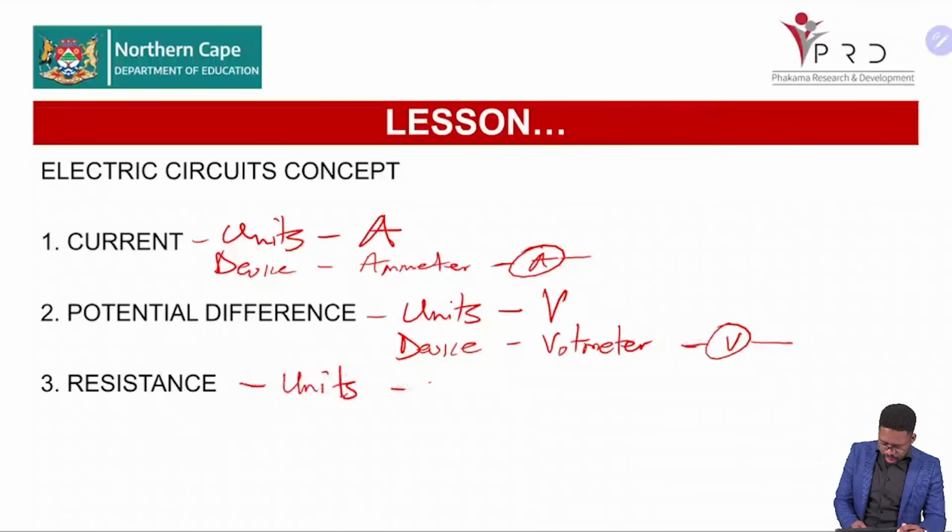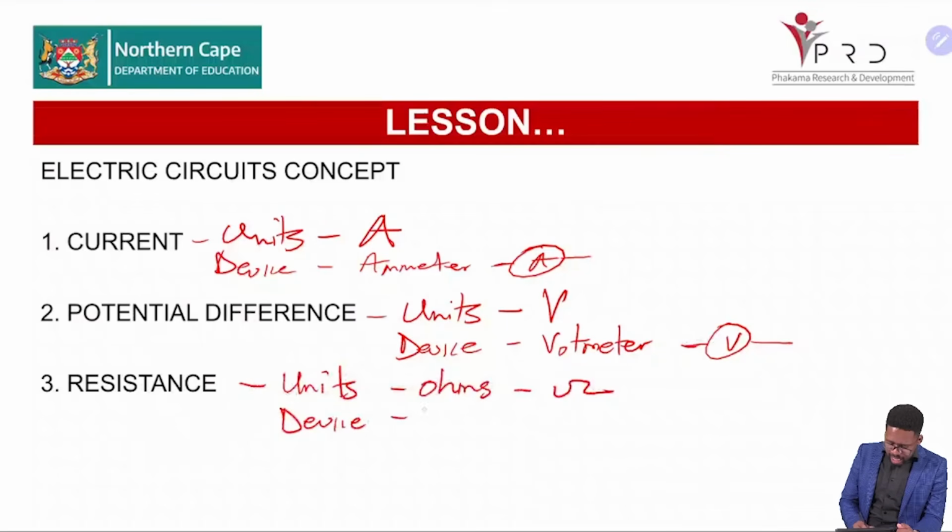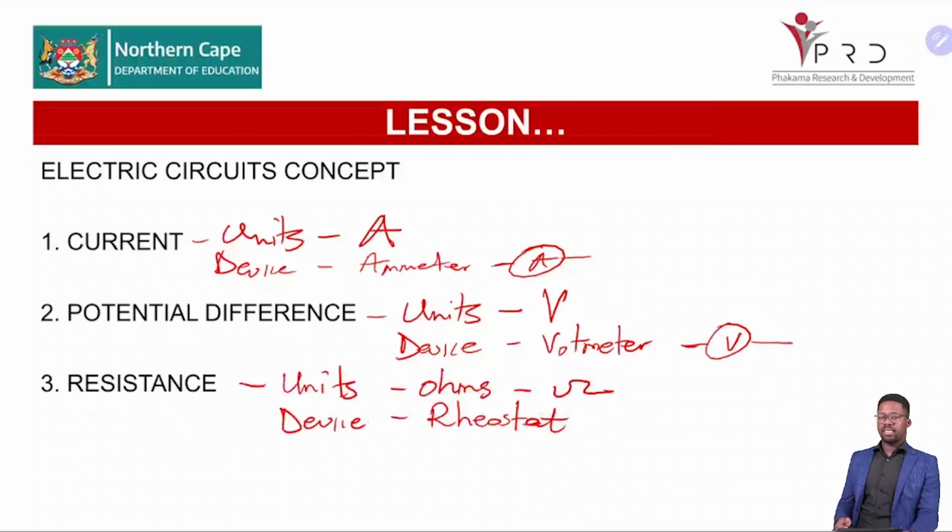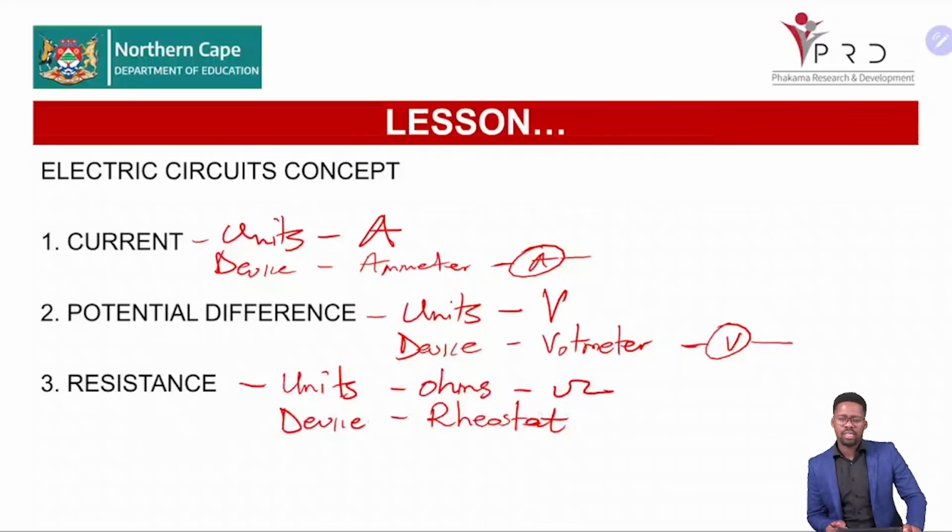We measure resistance in ohms, and the symbol for ohms is like this. So the unit for resistance is ohms. And the device that adjusts resistance, we call it a rheostat.